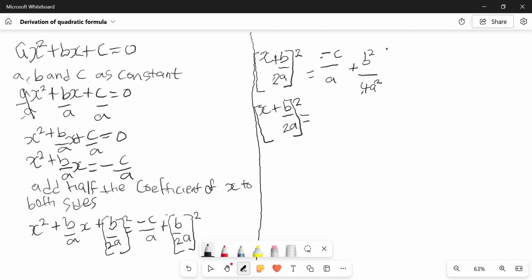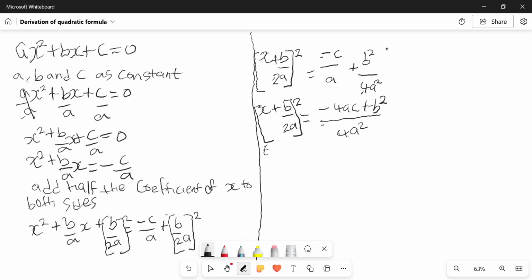When you look for the LCM, you'll be having minus 4ac plus b squared all over 4a squared.